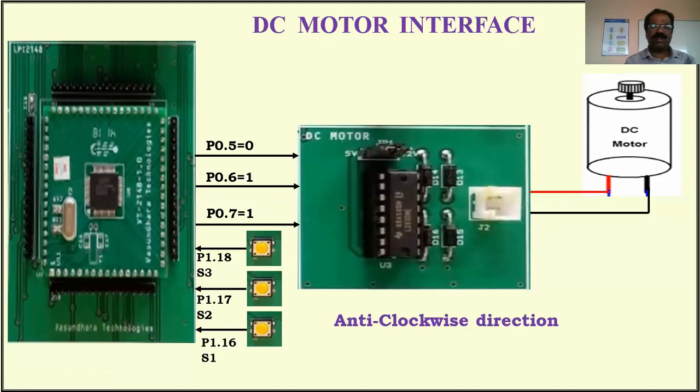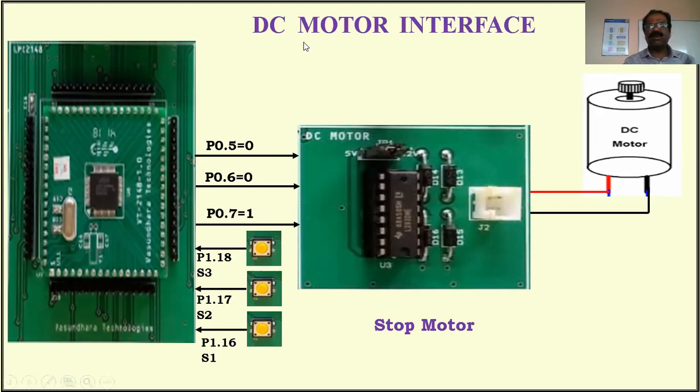That is, we have three combinations here. We can control the direction of the motor with the help of switch 1, switch 2, as well as switch 3. S1 for clockwise, S2 for anti-clockwise, and S3 to stop the motor.